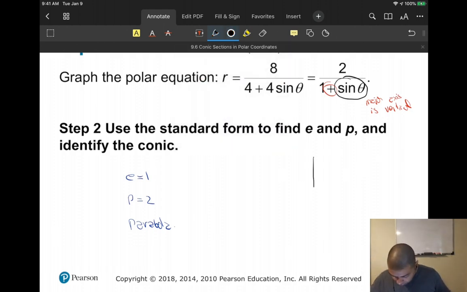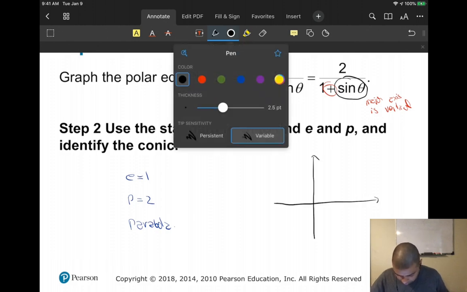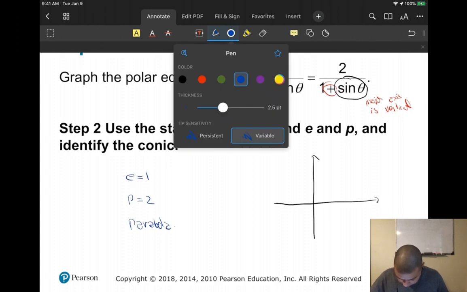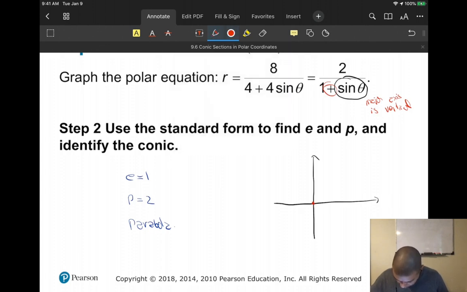So if I were to graph, what would I do? Well, this is the focus. This is always the focus.